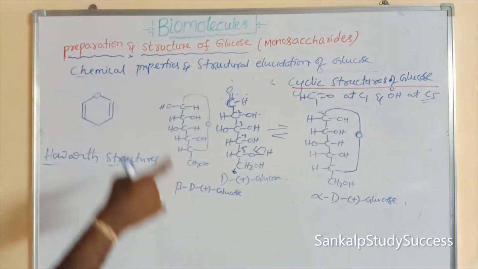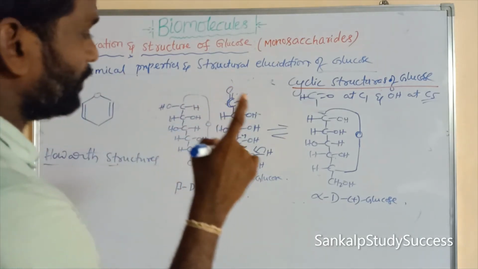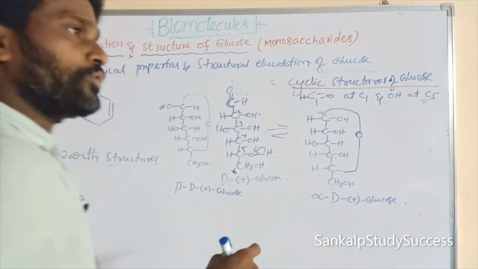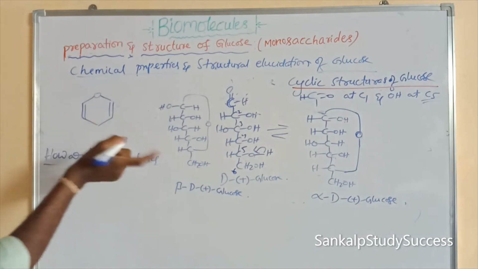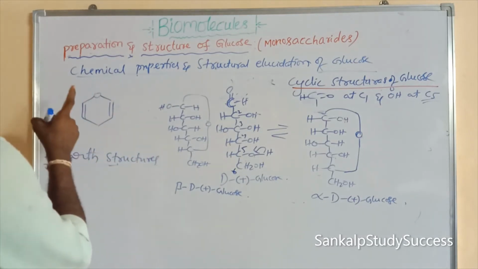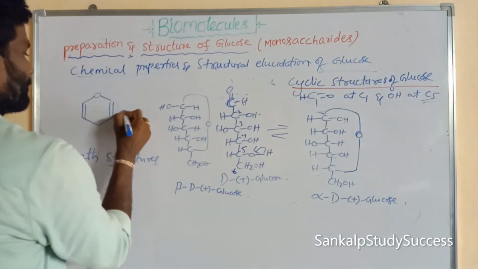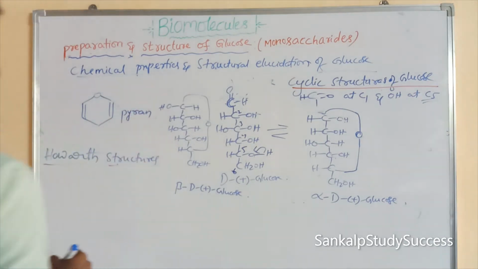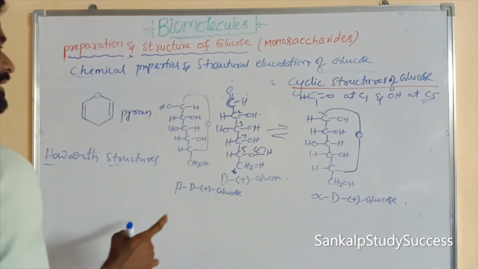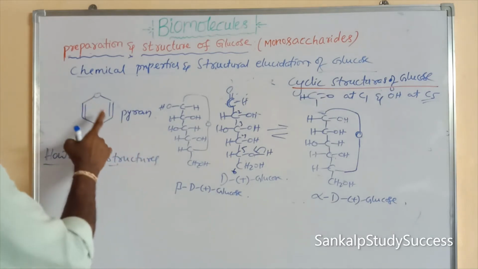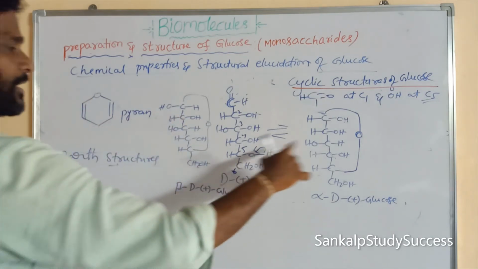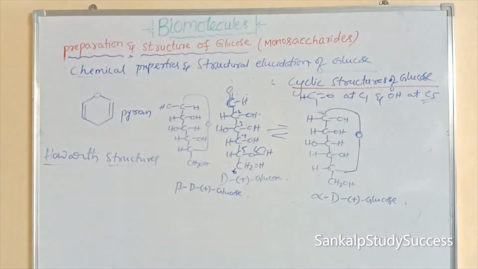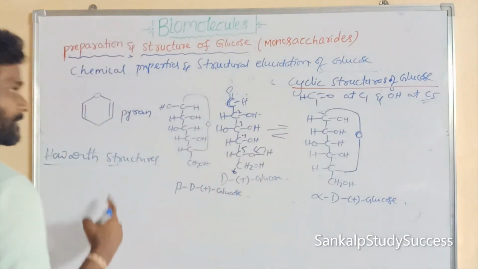So the cyclic structures of the two isomers of glucose are similar to pyran, right. So Haworth proposed the ring structure for the two cyclic forms of glucose.